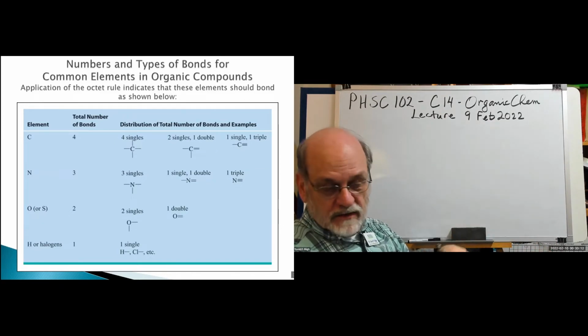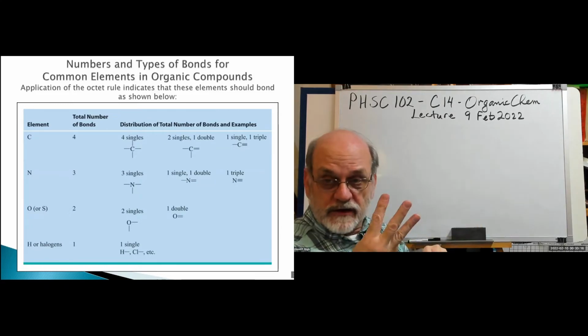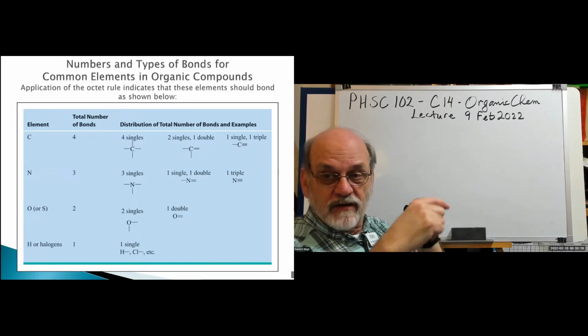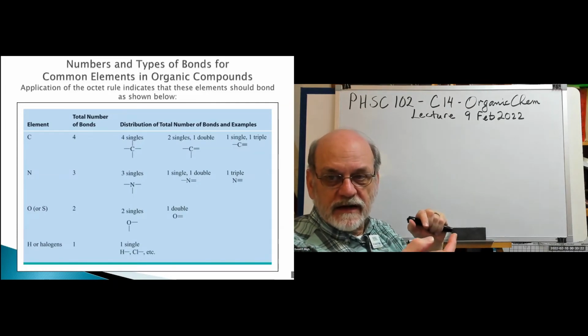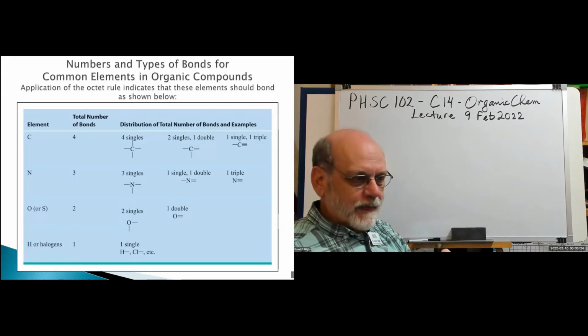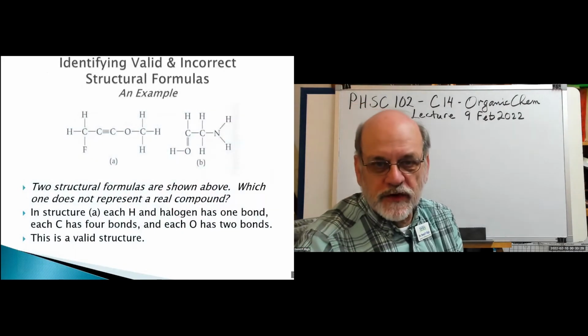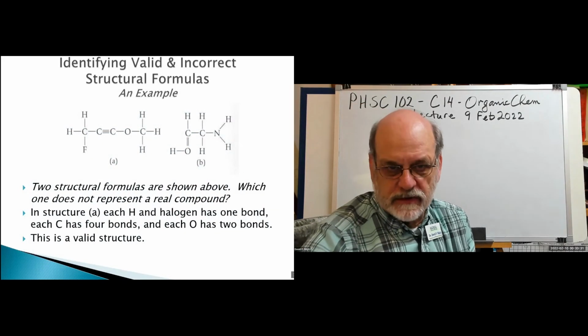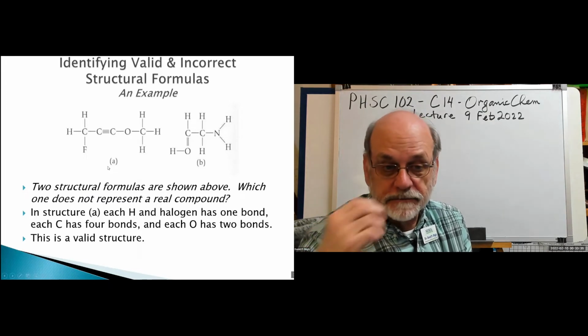Now they can make the bonds again between the 2 carbons and then make another one. So you can have 3 bonds between those 2 carbons, but you still have 1 valence electron on either carbon that needs to be satisfied to make the octet. Okay. So with those rules in mind, here are some examples of organic compounds.